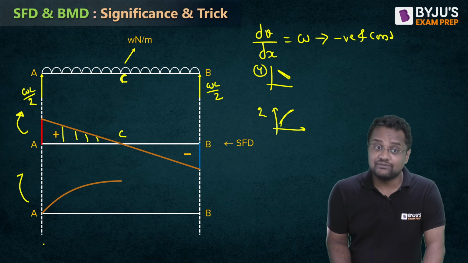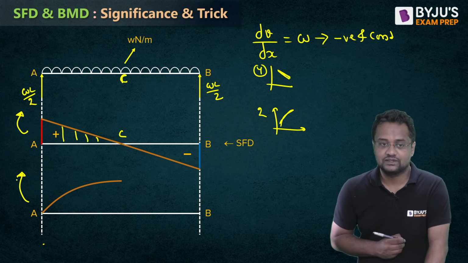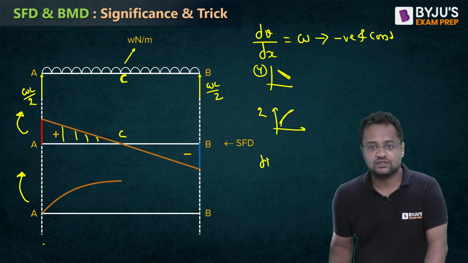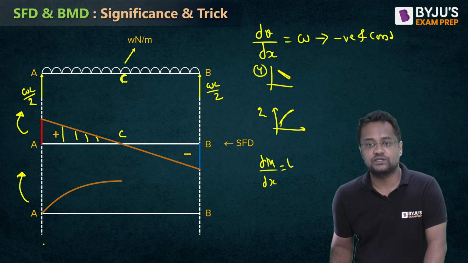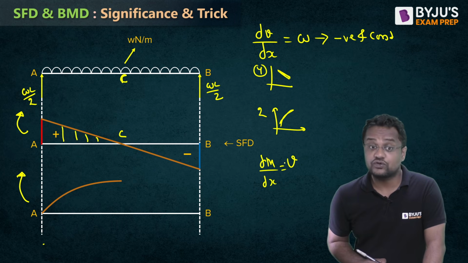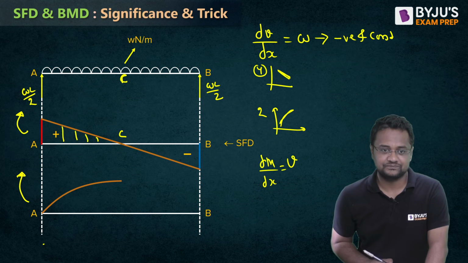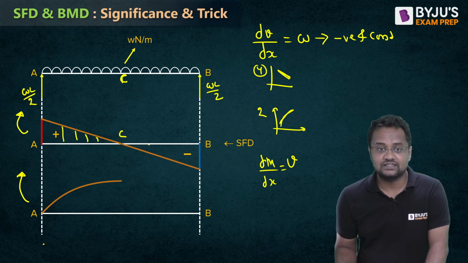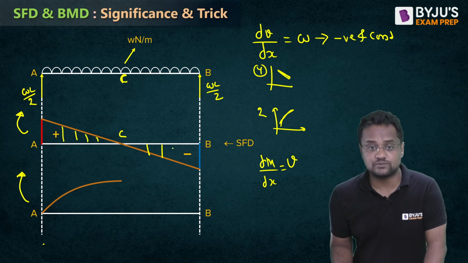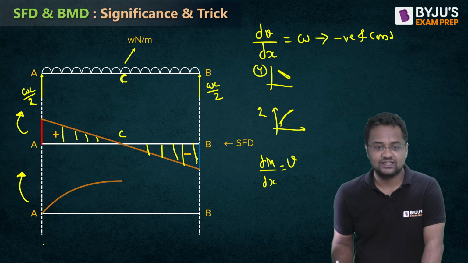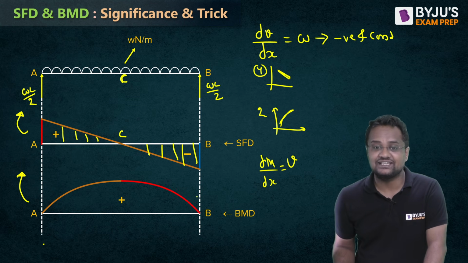While drawing the bending moment, you will be seeing the shear force. Then here the shear force is negative, but magnitude wise more, so negative and magnitude wise increasing.